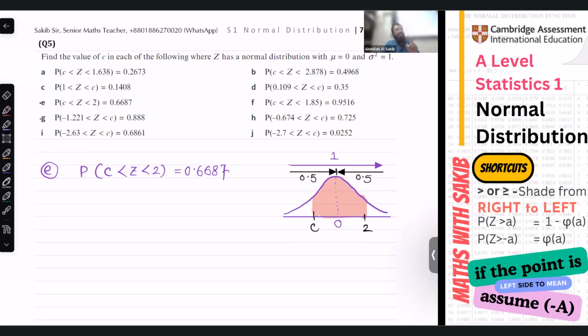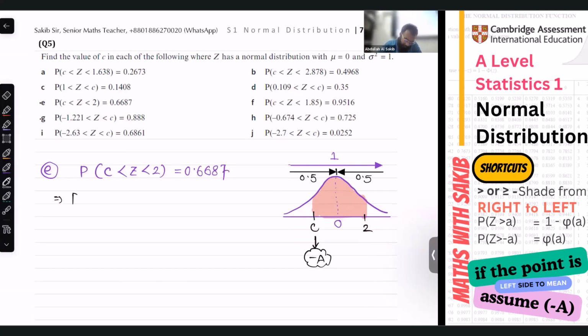Clear? And it is where? It is on the left side of the mean. So what should I consider? Minus A. So let's consider this as minus A. Easy?